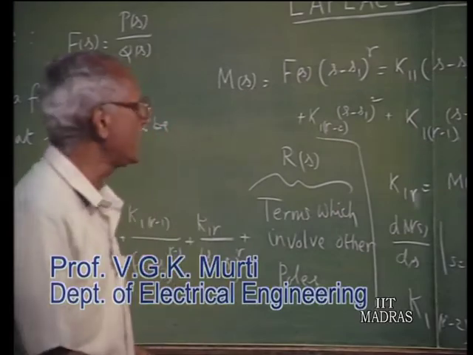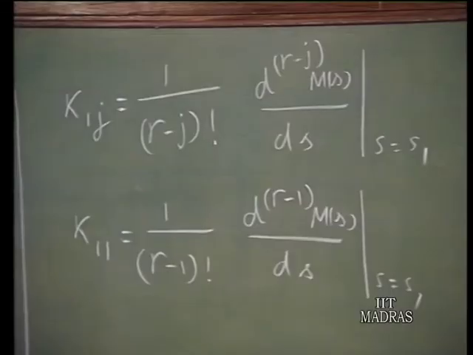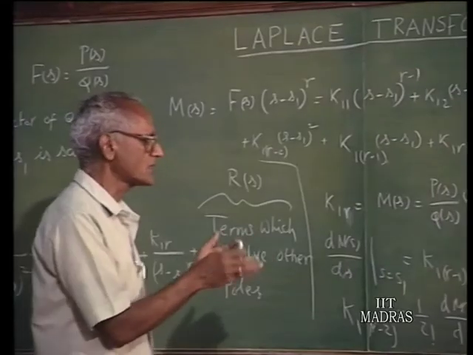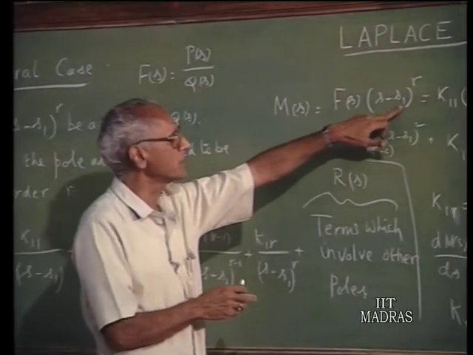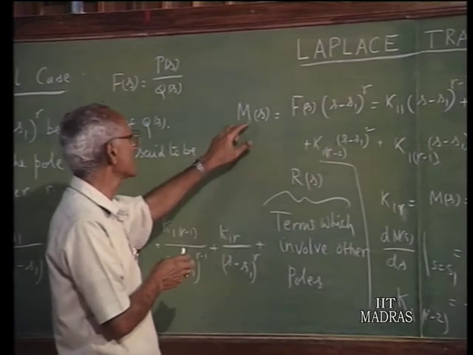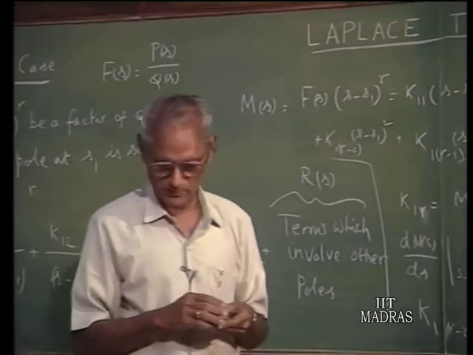You do not have to really remember these formulas, provided you know the principle that is involved. You can always figure out how it is done. You have to take the given rational fraction, multiply by s minus s1 raised to the power of r, and you get a resultant rational function which is called m of s. You take successive derivatives and substitute s is equal to s1.